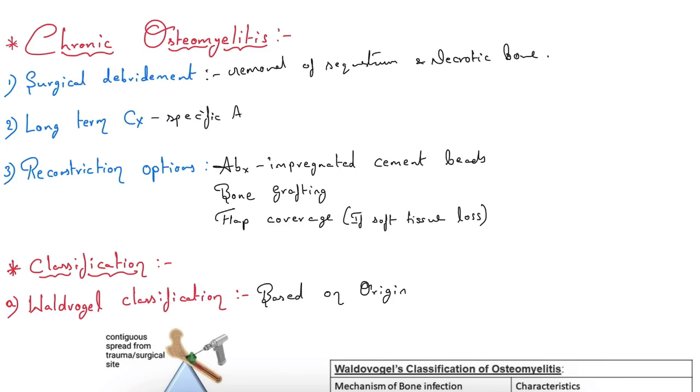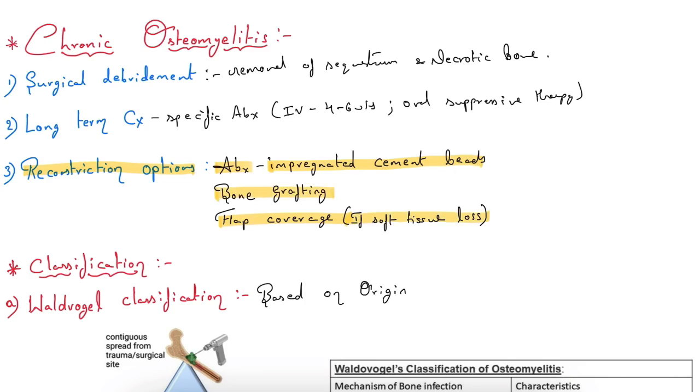Based on culture we start specific antibiotics, like I already mentioned, intravenously for 4 to 6 weeks. If the patient can take oral, we can start oral suppressive therapy. Next one, we can do reconstruction. In reconstruction options we can use antibiotic-impregnated cement beads, and we can do bone grafting and flap coverage if soft tissue is lost.